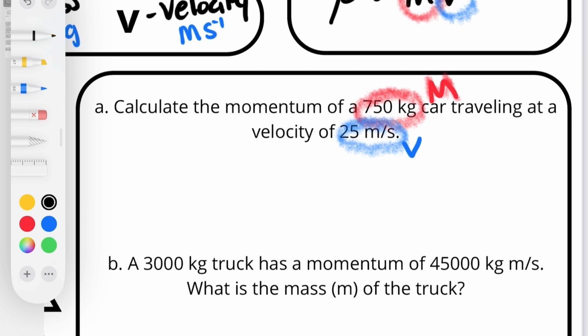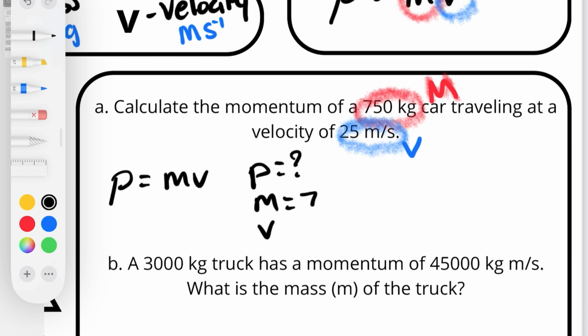So we always write our equation, P equals mv, identify our variables: m, v, we don't know P. Mass 750 kilograms, and our velocity, as we got from the question, 25 meters per second.